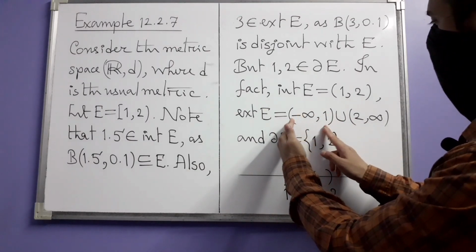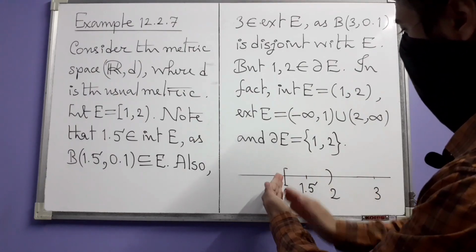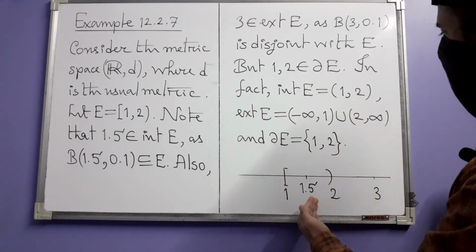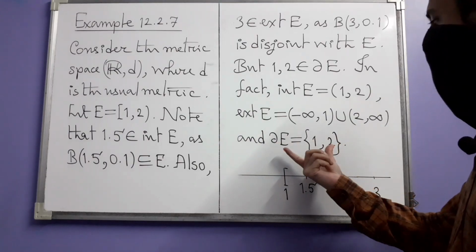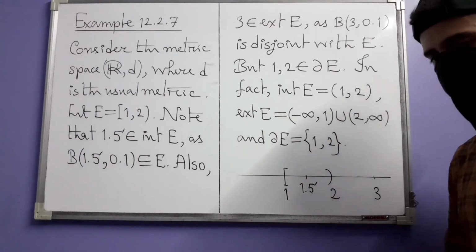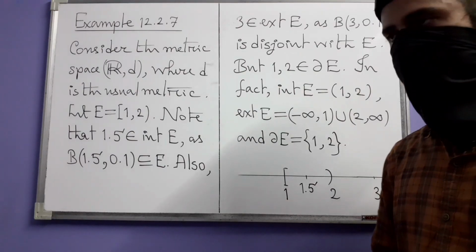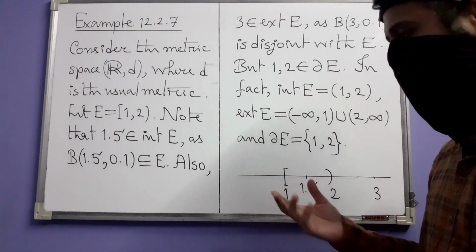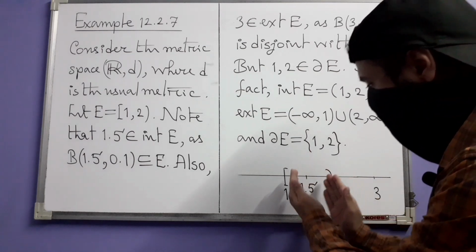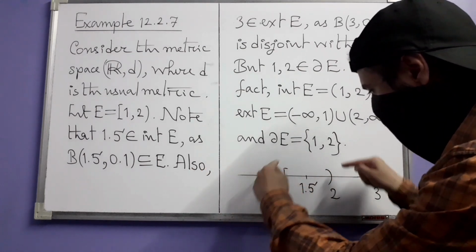One of them is this open ray (-infinity, 1), and the other is this open ray (2, infinity). And the boundary is this two-element set {1, 2}. And it matches with what we think of these words geometrically: interior, exterior, boundary.